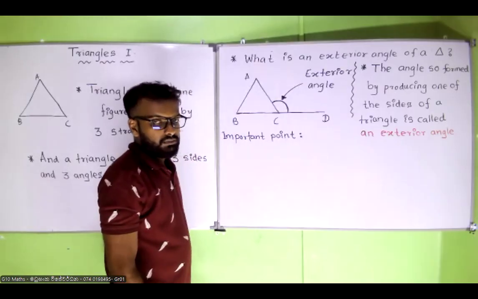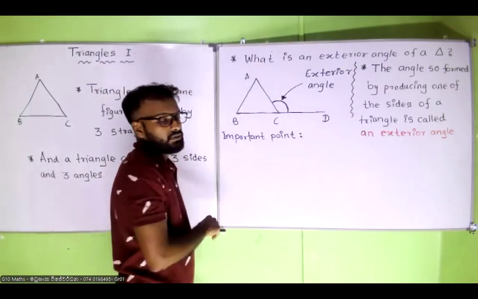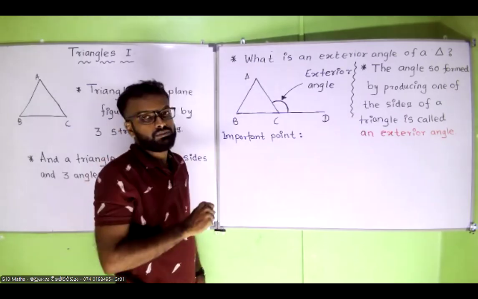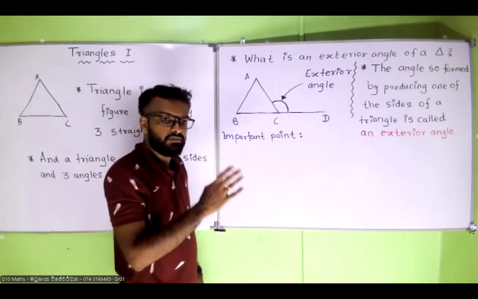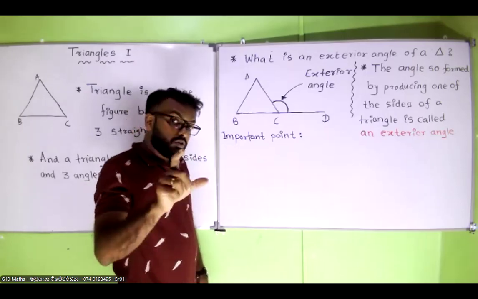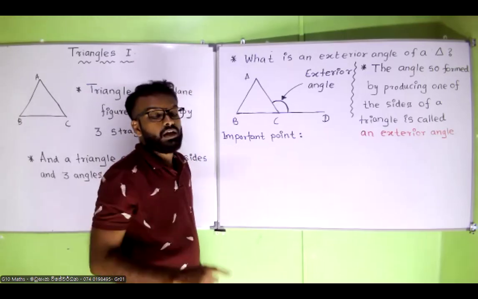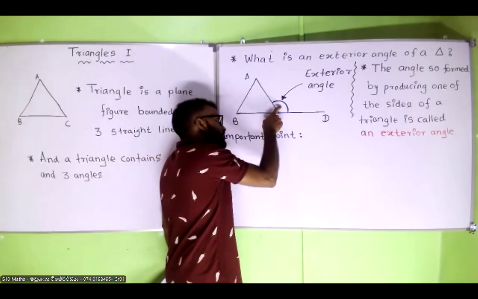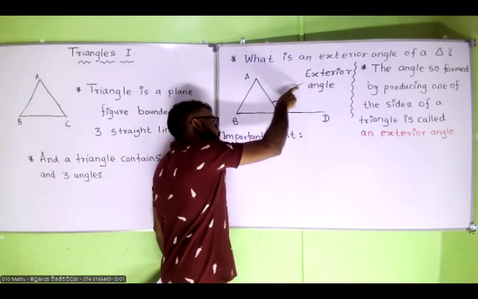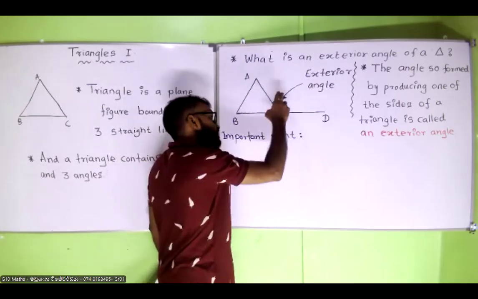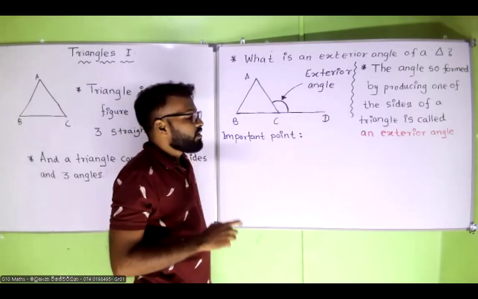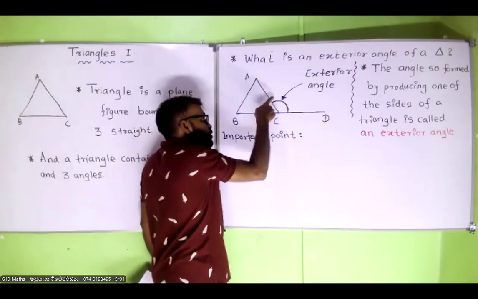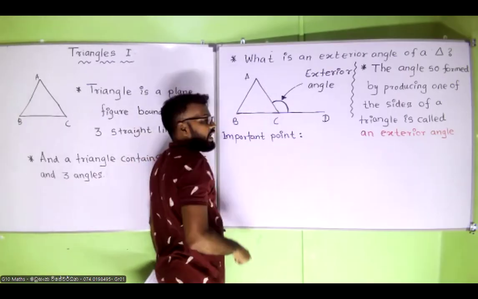By producing those sides, you can obtain three different exterior angles. And for this kind of exterior angle, normally we have two opposite interior angles.